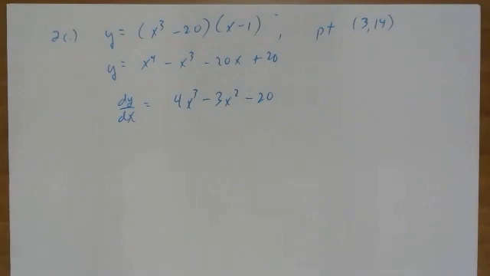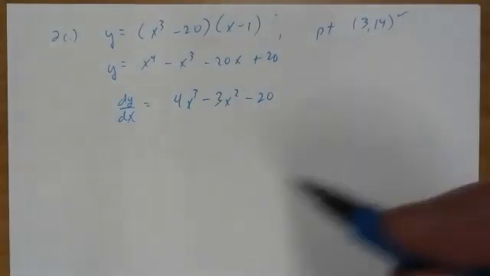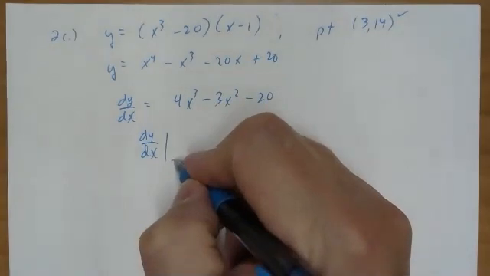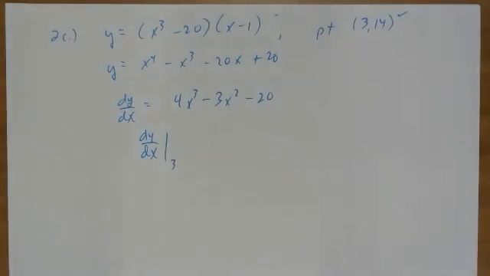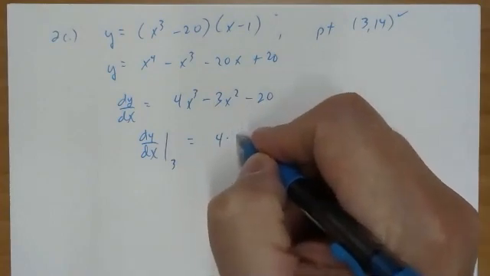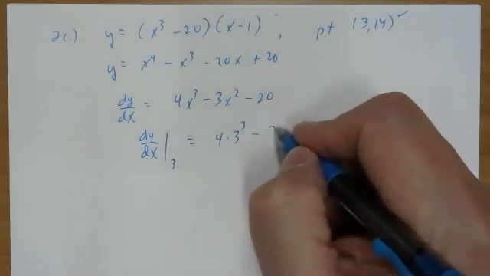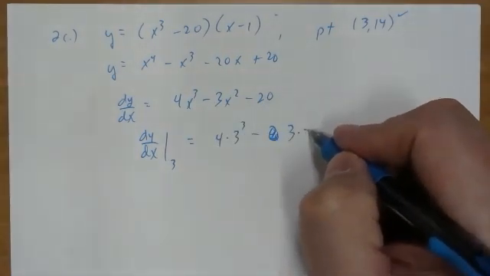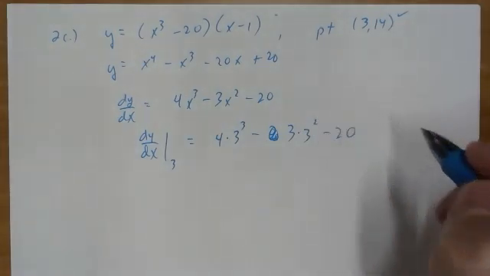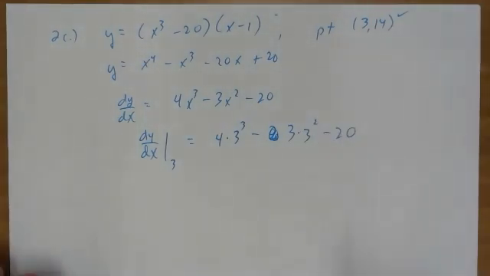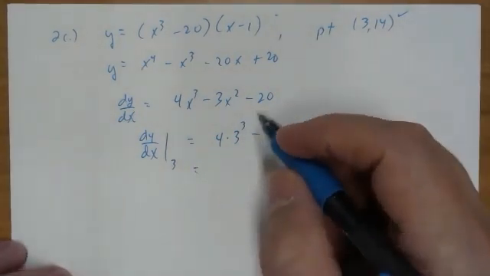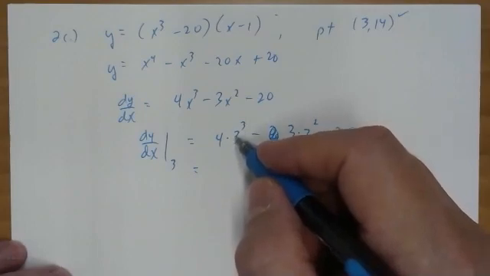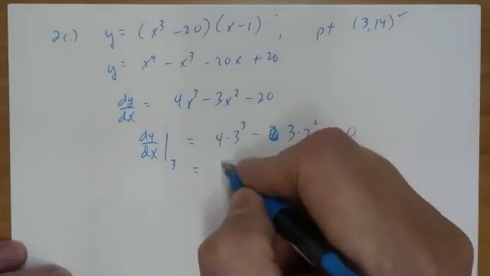So if I use that point slope equation, I've got my point. Now I need to get the slope when x is 3. 4 times 3 cubed minus 3 times 3 squared minus 20. 3 cubed, 9, 27. 27 times 4 is 84... I think it's 108.